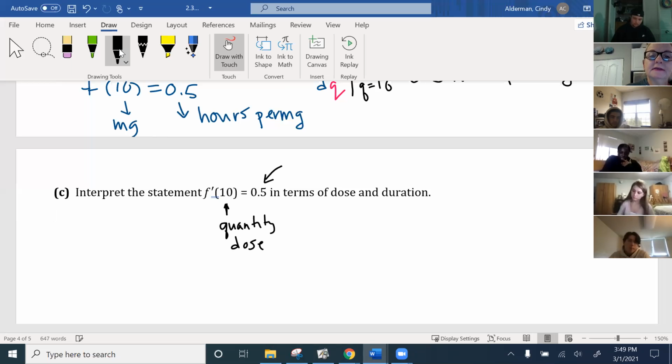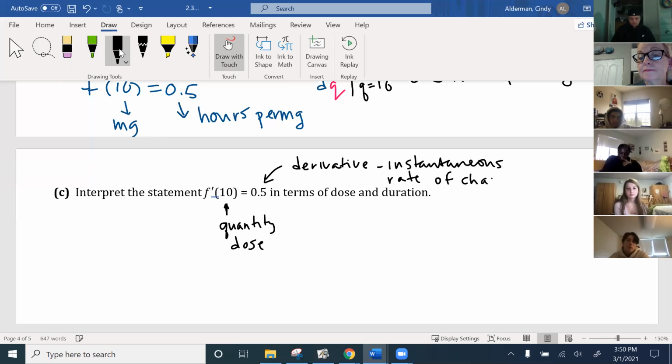And this is the derivative, which is the instantaneous rate of change, right? And it tells you what will happen if there's one unit. For example, if you go from f prime of 10 to f prime of 11, 1 unit, then that's what you can expect the rate of change to be.